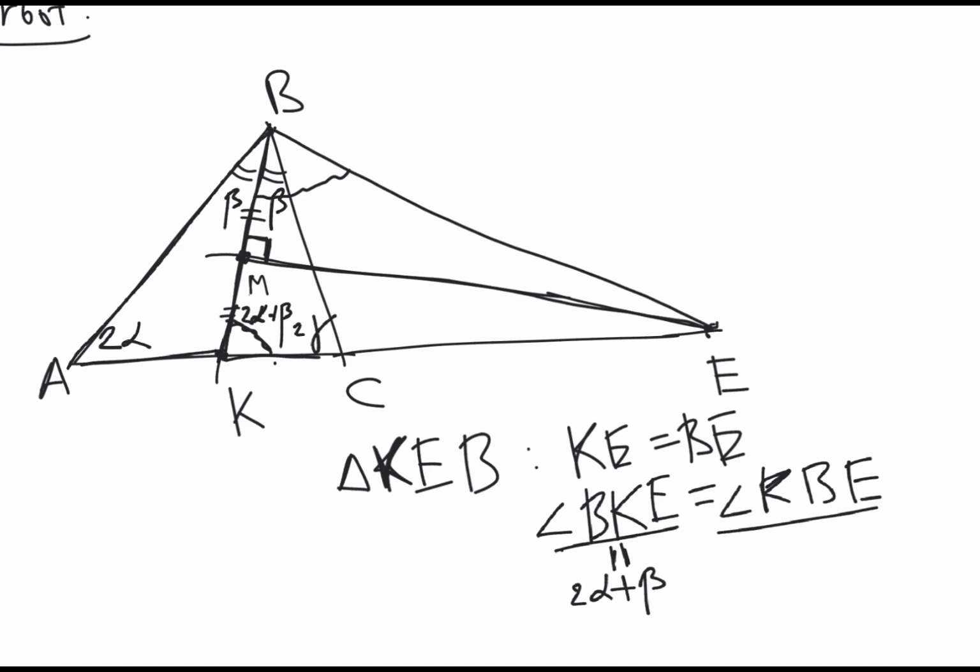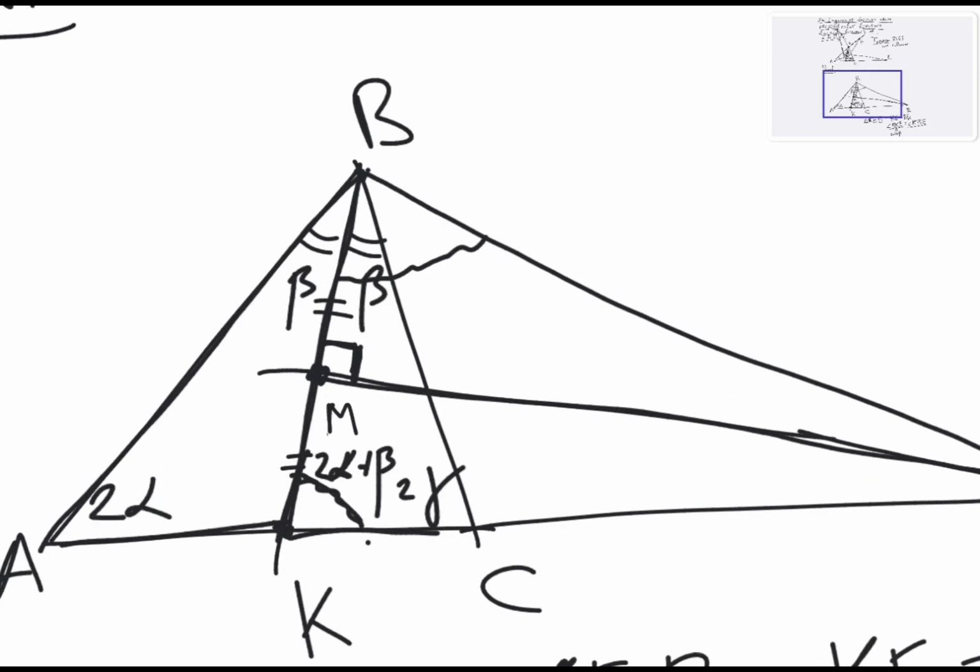Since it's equal to KBE, this whole angle is equal to 2 alpha plus beta. But we already have an angle beta here, right? So KBC is beta. So the remaining part must be 2 alpha, right? So we subtract: 2 alpha plus beta minus beta.